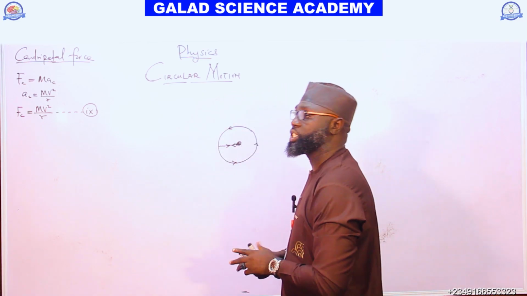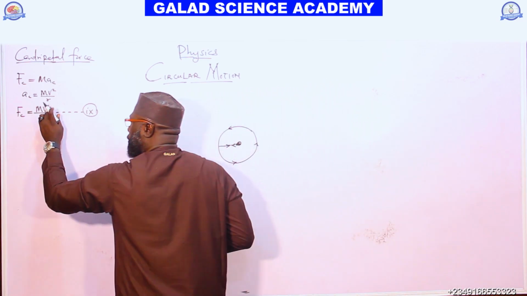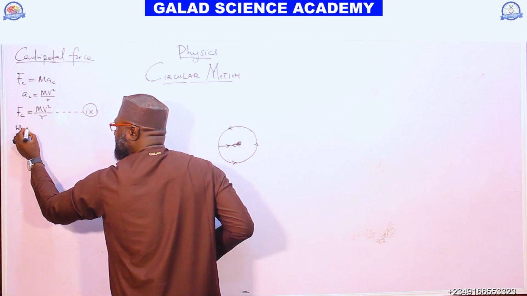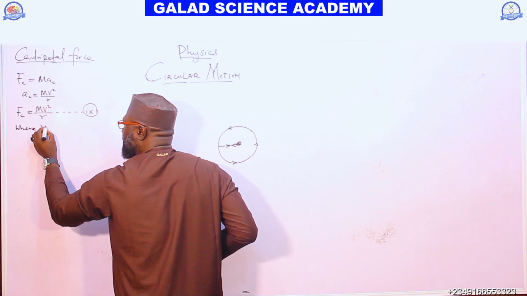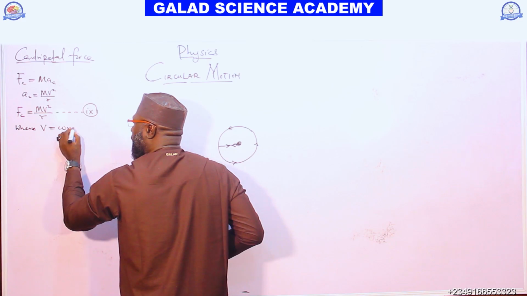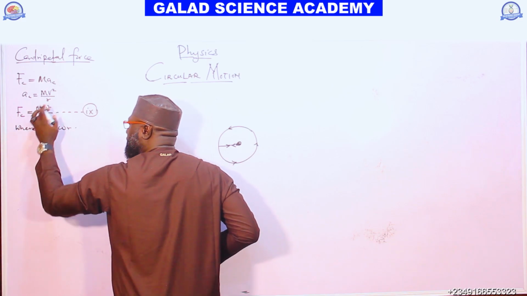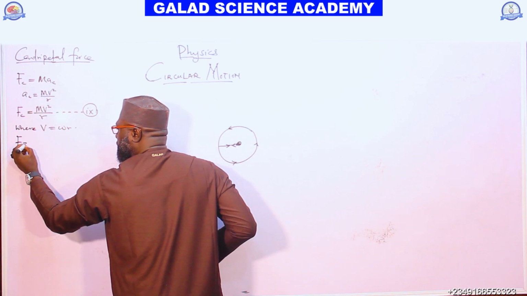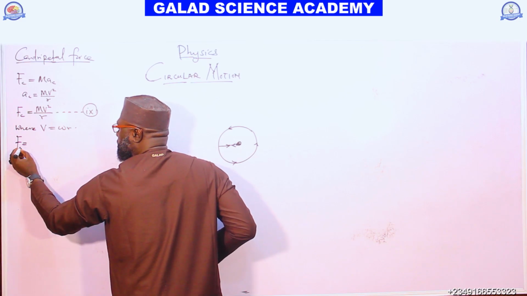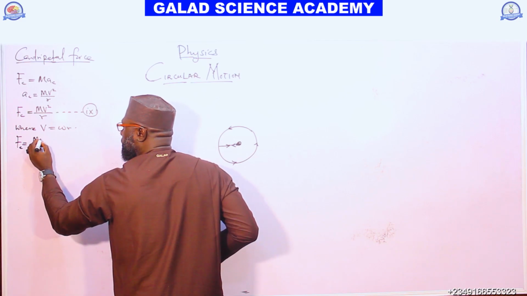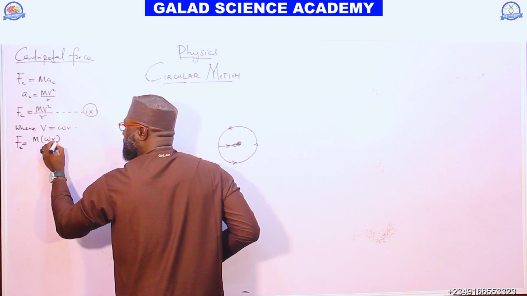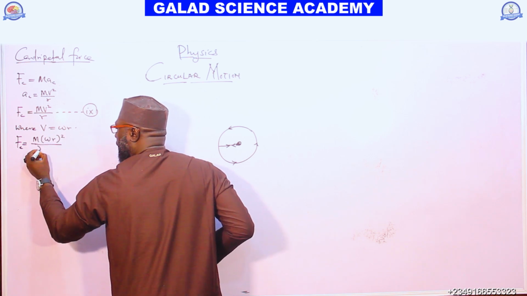But if we still substitute for v here, our linear velocity v equals omega r. Now you put it here, you will have centripetal force equals m omega r square over r.